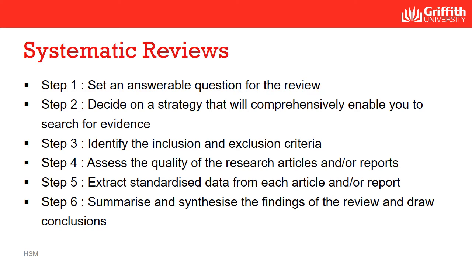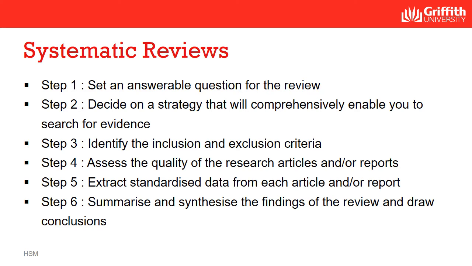In this slide, we've got the step-by-step guide that's suggested by Shields in the text. So the first step is to set an answerable question for the systematic review that you're going to conduct. Secondly, to decide on a strategy that will comprehensively enable you to search for evidence. And thirdly, identifying the inclusion and exclusion criteria.